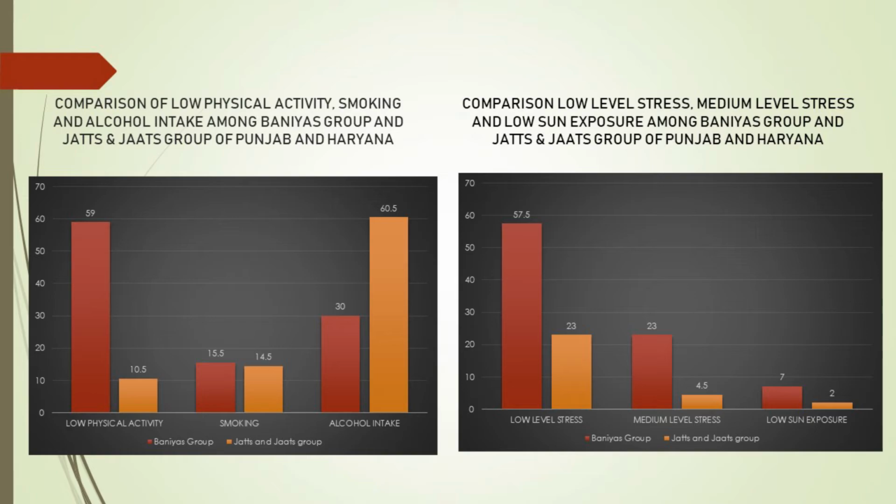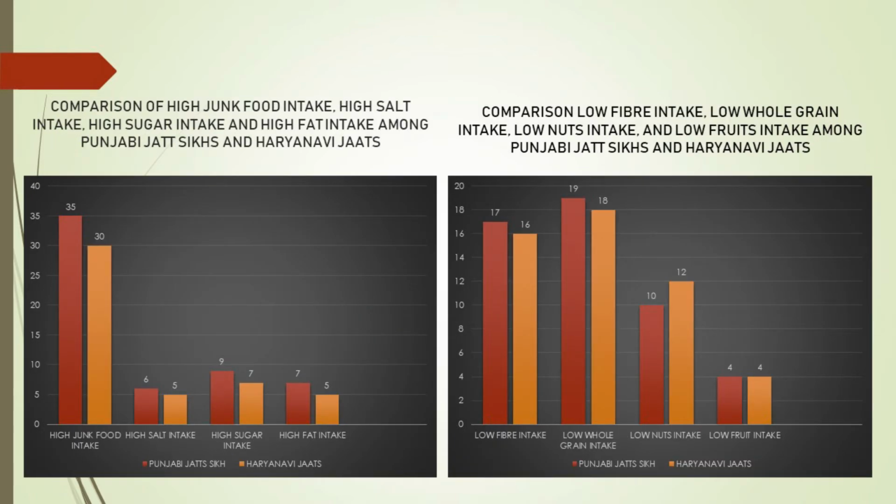If you see, the low stress levels are considered to be higher in the Baniya groups, but the medium level stress is also higher in the Baniya groups, and the low sun exposure is, as you can see, higher in the Baniya groups.